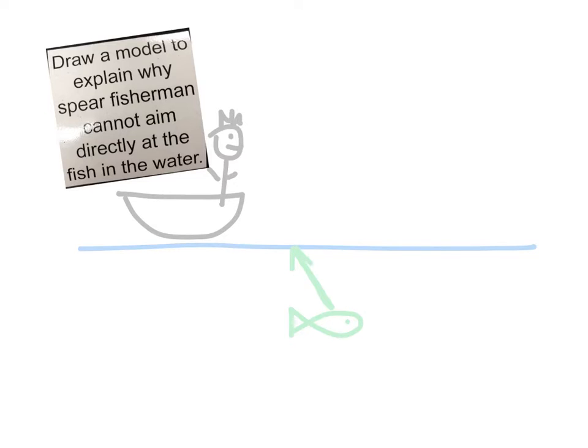When it changes media from the water here to the air up here, right here at this spot, it's going to speed up because light travels faster in gas. So when it speeds up, it's going to refract away from the normal.